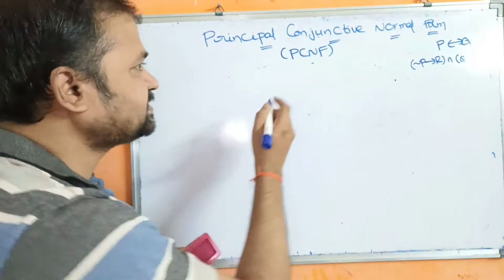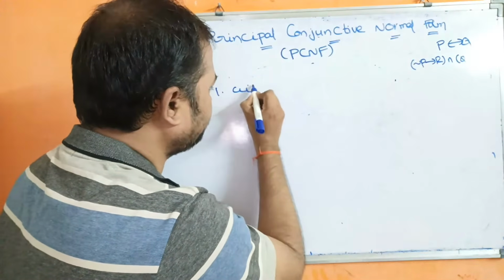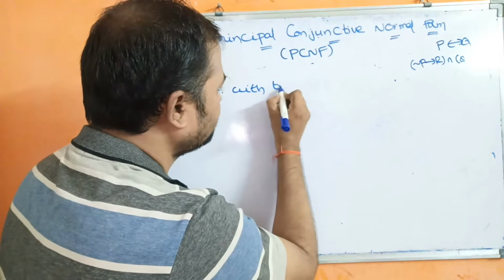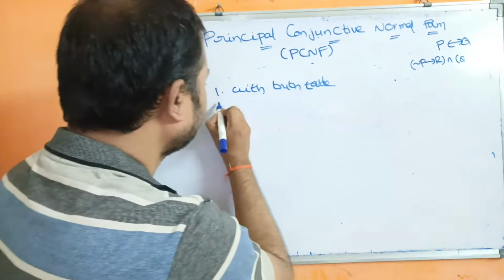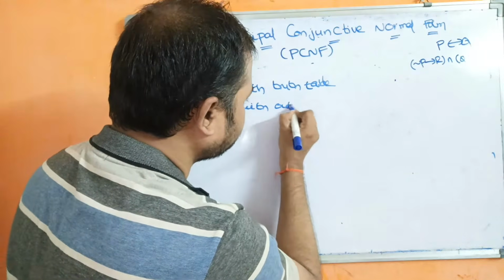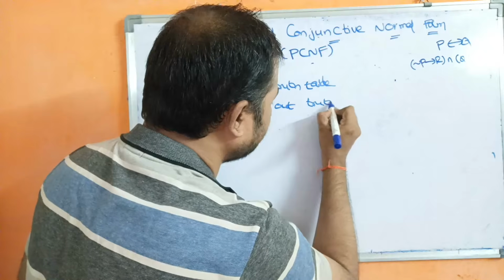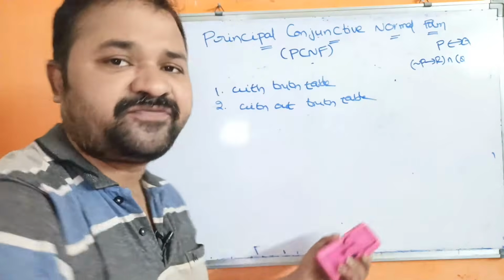The first approach, with the truth table, is the simple one, so first let us find it using this approach. The second approach is without the truth table, where four steps are there. With the help of those four steps, we can find the PCNF without the truth table.